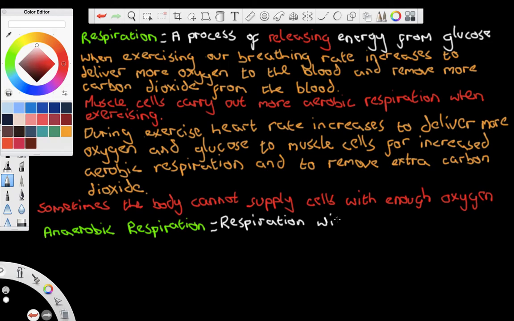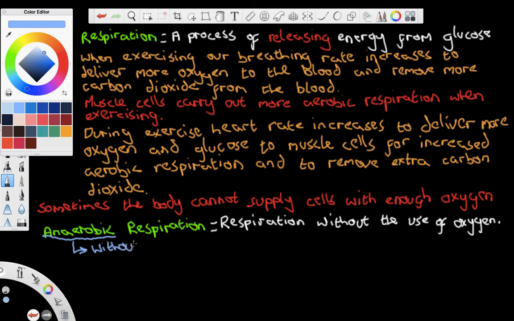The word anaerobic literally means without oxygen or without air.